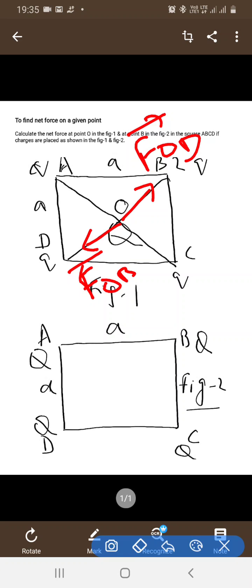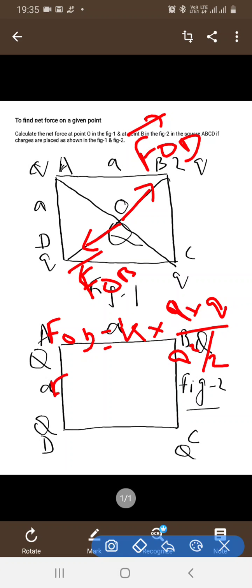But direction is opposite, and magnitude will not be equal, because FOD is equal to K, where K is, remember, K equal to 1 upon 4 pi epsilon naught. So K times charge at O, that is capital Q, multiplied by charge at D, that is small q, upon OD square, A square upon 2.